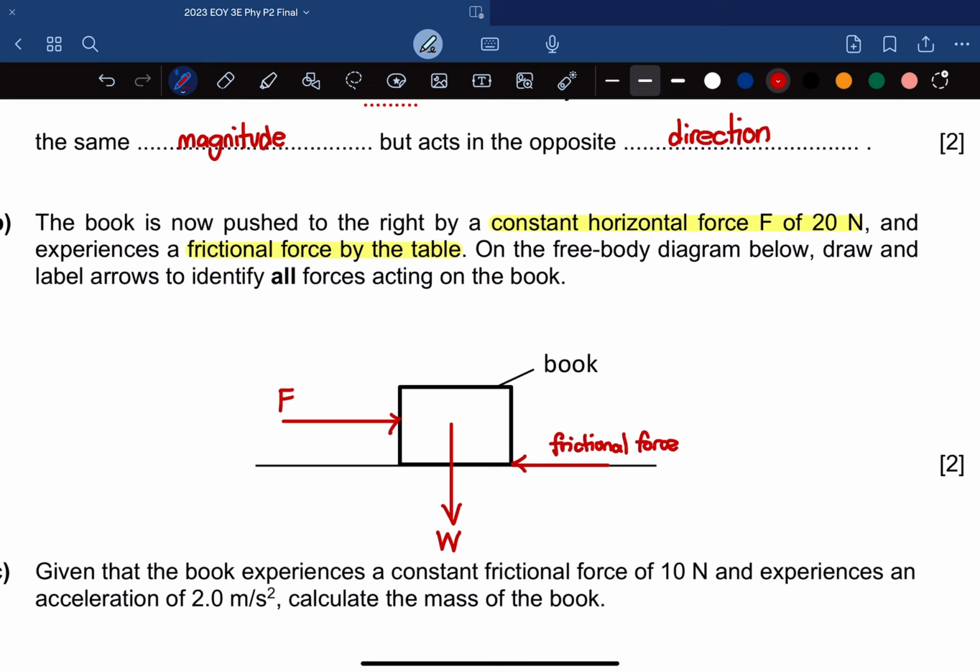And lastly, because the book is touching the table, the table will also exert a normal contact force upwards onto the book itself. So this will be the answer for question 4 part B.